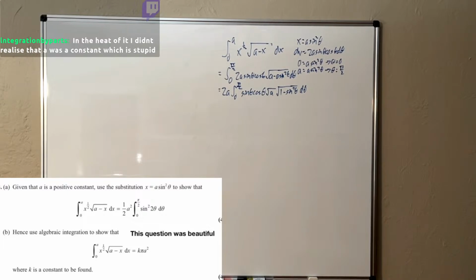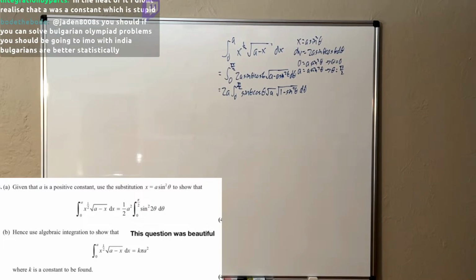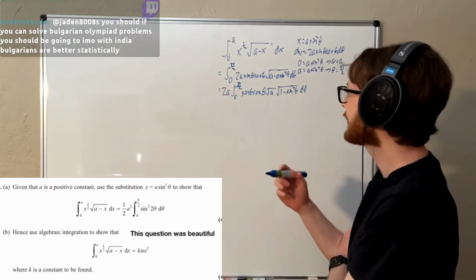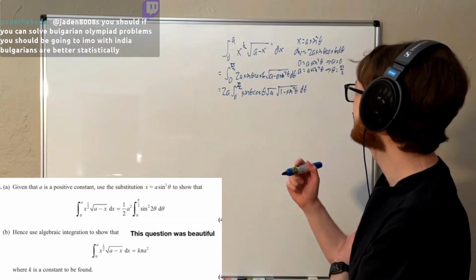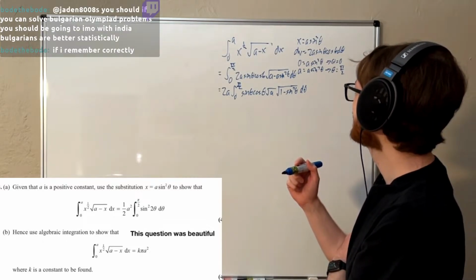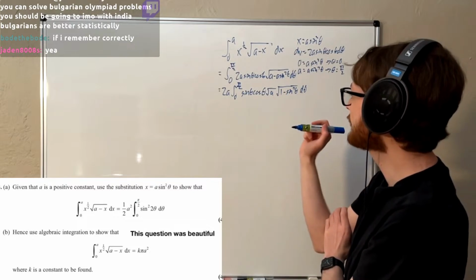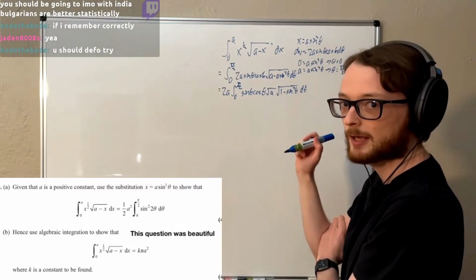Just didn't realize it was a constant. Oh, that'll do it. I'm a little concerned that this a is square rooted. I don't see how you possibly get this to be not squared, because it's supposed to be a squared on the outside, but I'm getting a to the 3 over 2.